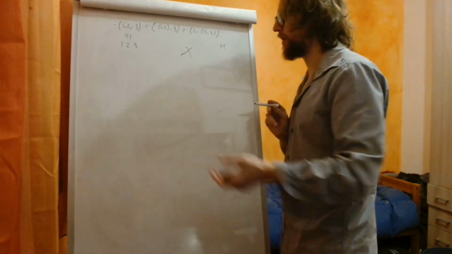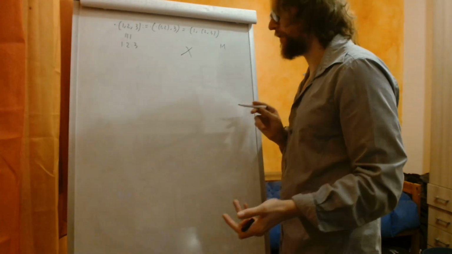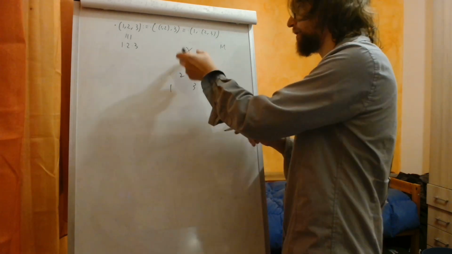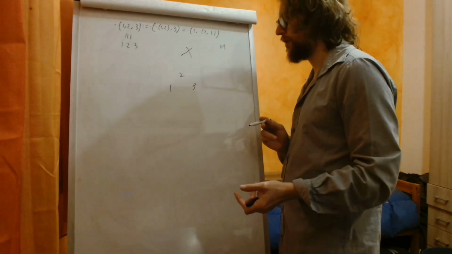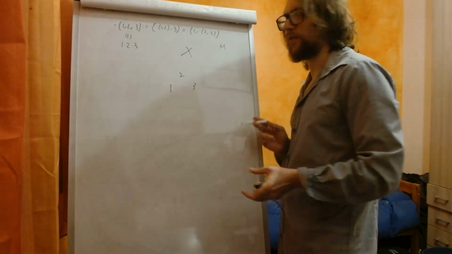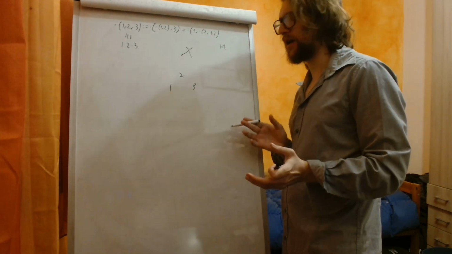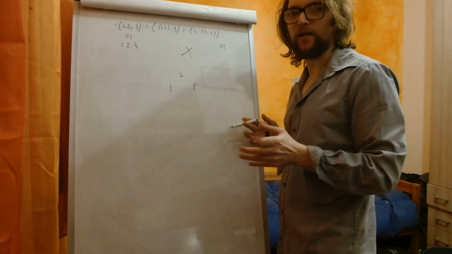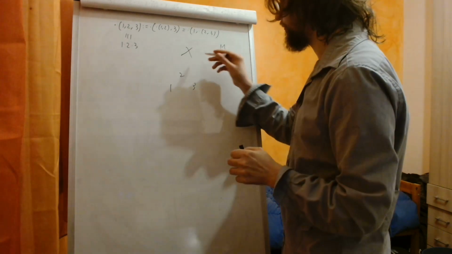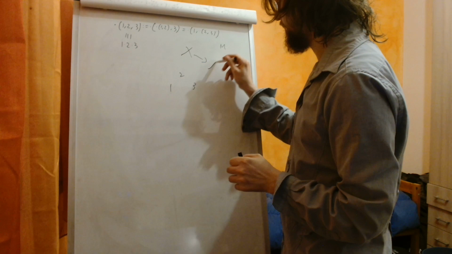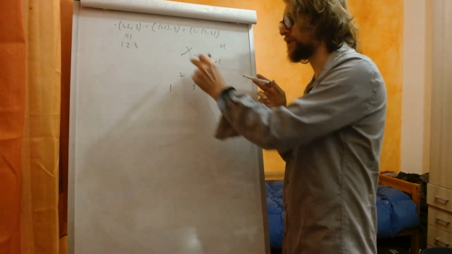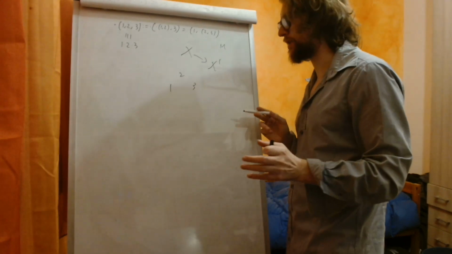So our set can have elements, for example 1, 2, 3, it can be finite or infinite. And the simplest kind of actions on these elements are symmetries. Symmetries are operations which take you from a state X to a state X prime, which is equivalent to X, which means the structure of X will not change.